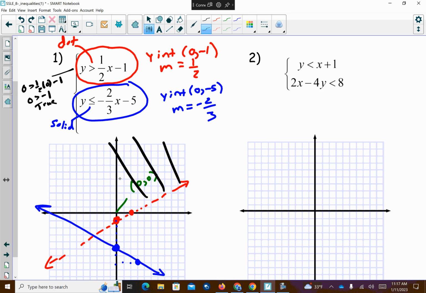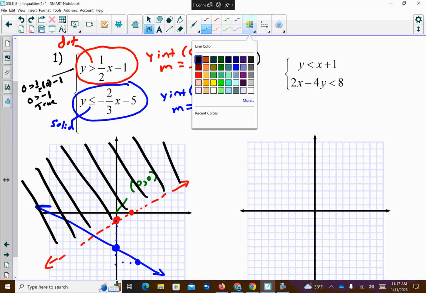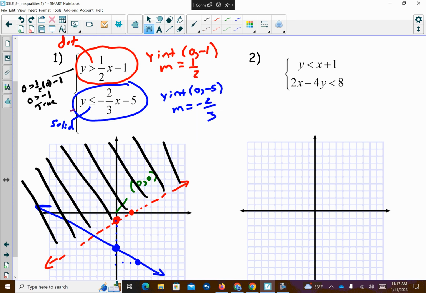Now, if you didn't have the highlighters, this is another technique that works really nicely. Okay? So that shaded region is the true region for the red. Okay? So I'm going to take 0, 0 and plug it into this one.